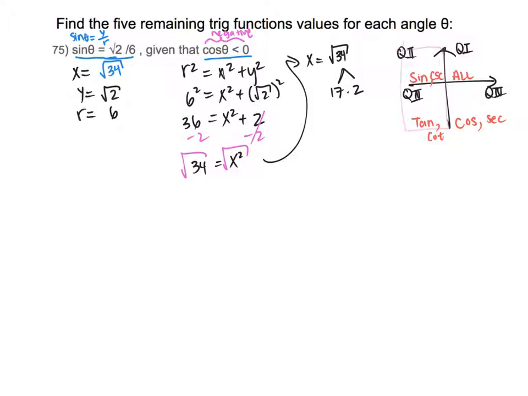So the quadrant that's the winner here is the second quadrant. So if it's the second quadrant, that's where x is negative and y is positive. So this x value is actually a negative square root of 34. So now I have all of my x values here. And so I'm ready to write my trig function.